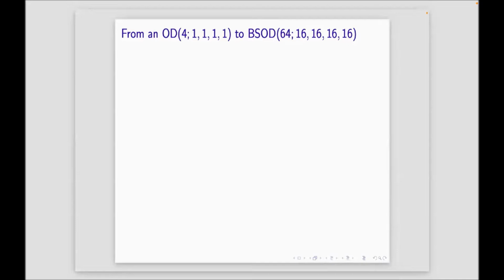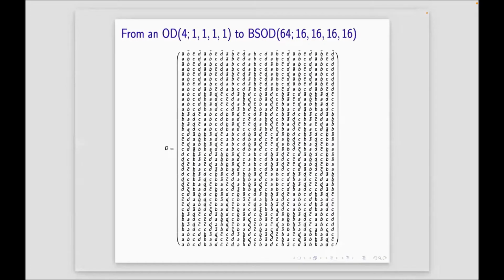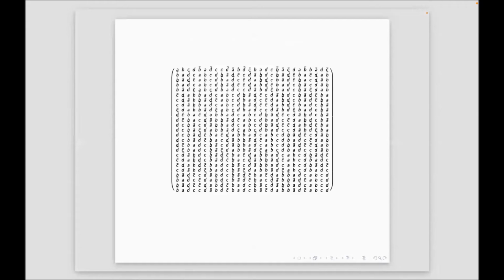We cannot do better than this. Indeed, for the real case, we cannot do better than this. Here it is, this is part of a balanced splitted orthogonal design of order 64 in 4 variables. I couldn't fit it in one page. And this is the second part.